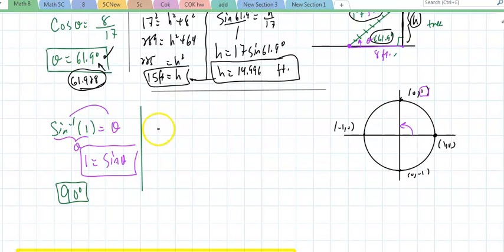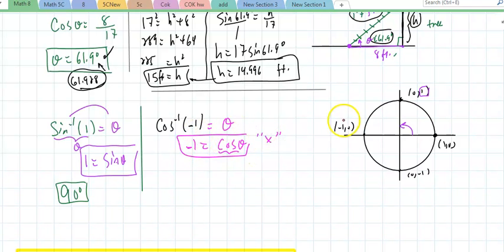If they say inverse cosine of -1, that's all they want. I just want to know the answer to that part of the problem. Well, guess what? This is saying, tell me, where does x equal -1 on a unit circle?